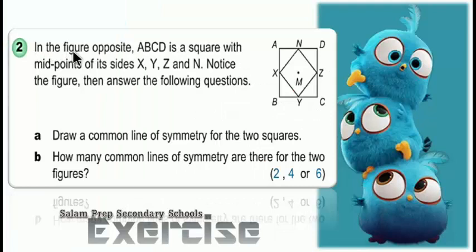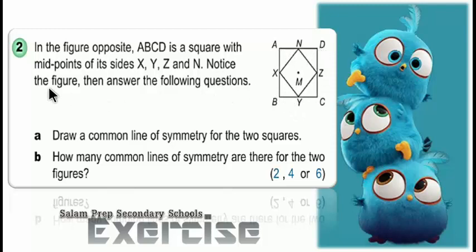In the figure opposite, ABCD is a square with midpoints of its sides X, Y, Z, N. These are midpoints on square ABCD.